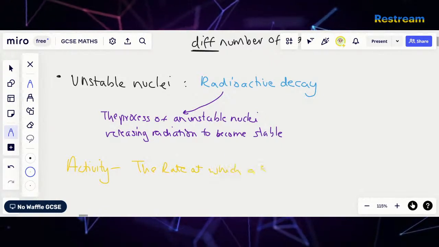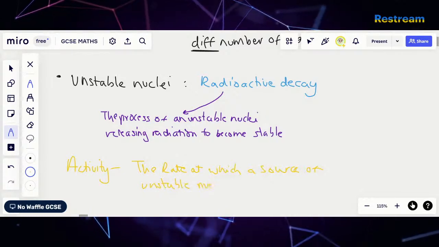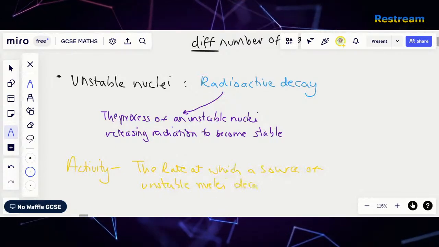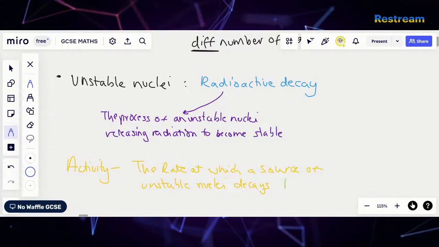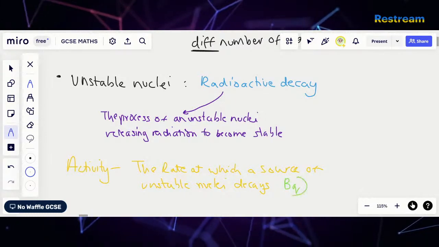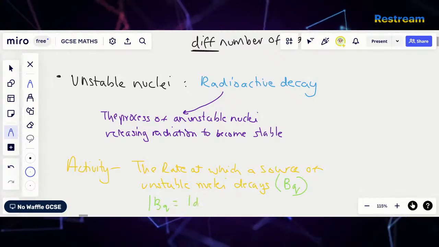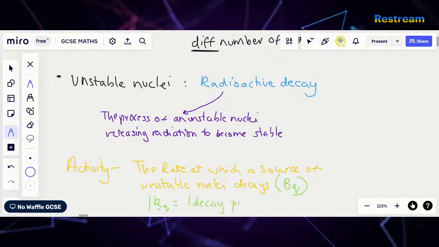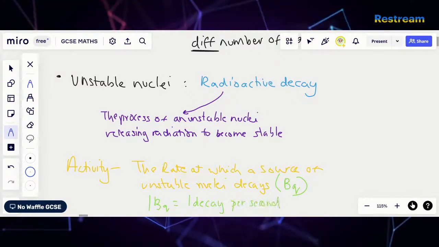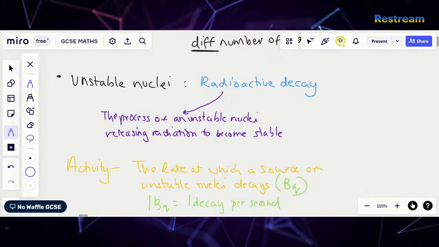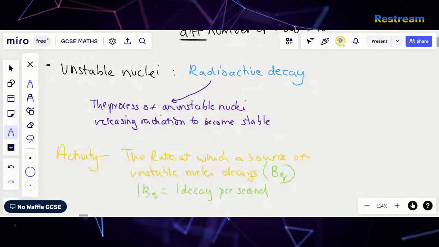This is measured in something called becquerels, which is written as Bq. And what it means is 1 becquerel is 1 decay per second. So activity is the rate at which a source of unstable nuclei decays.